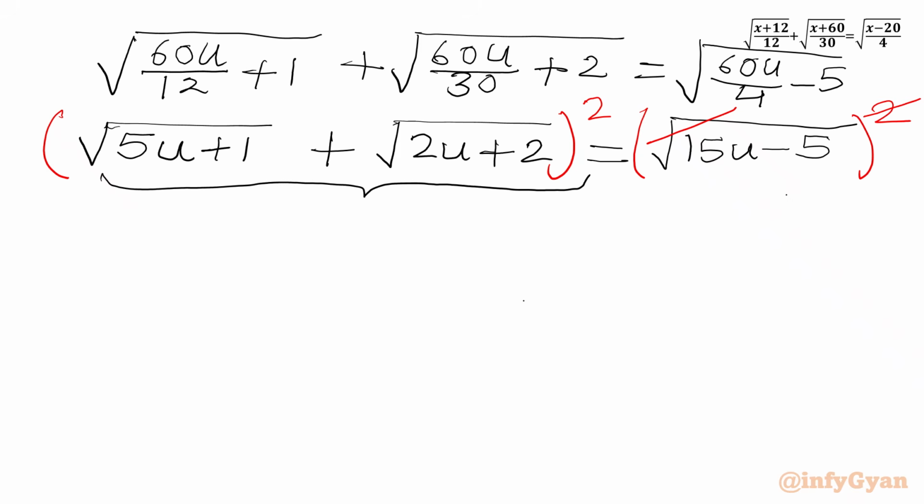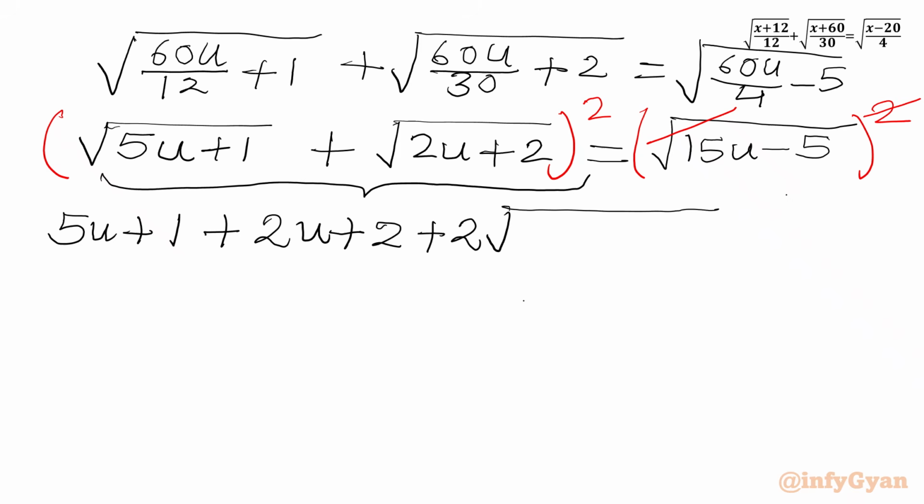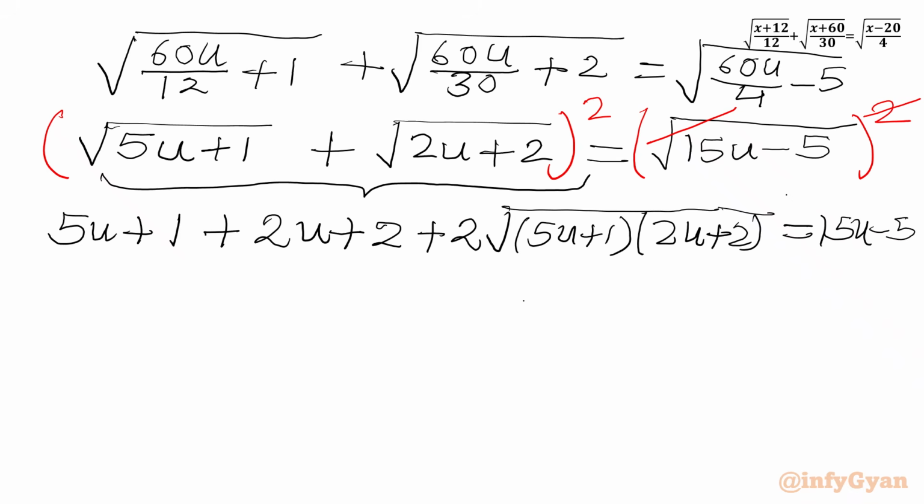So we will get 5u plus 1, the square of square root 5u plus 1, plus 2u plus 2, the square of square root 2u plus 2, plus 2 times square root of 5u plus 1 times 2u plus 2, equal to 15u minus 5.